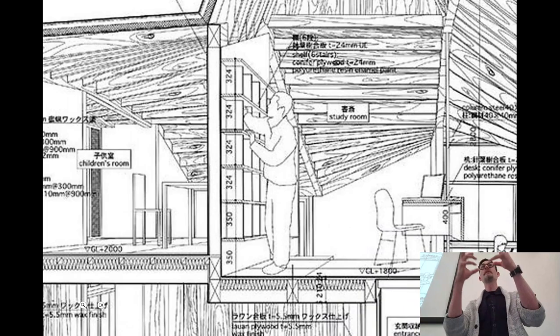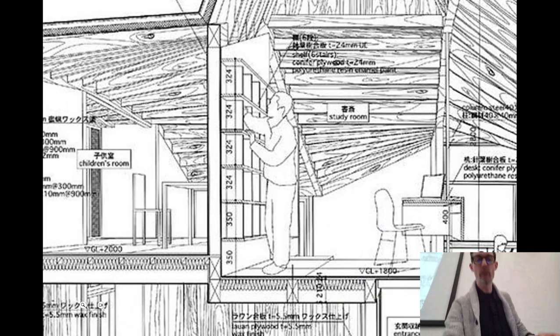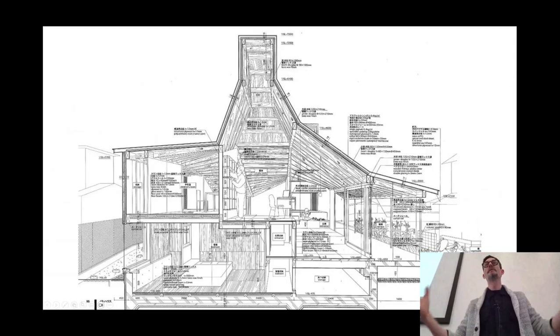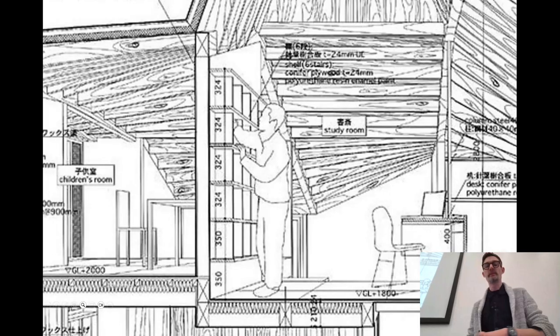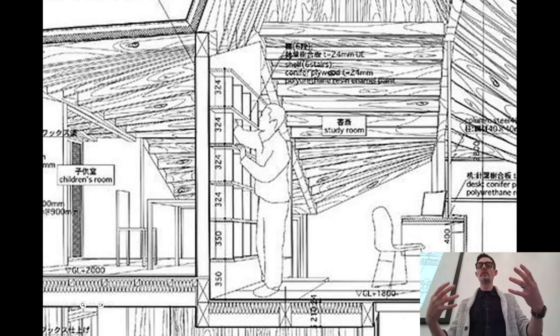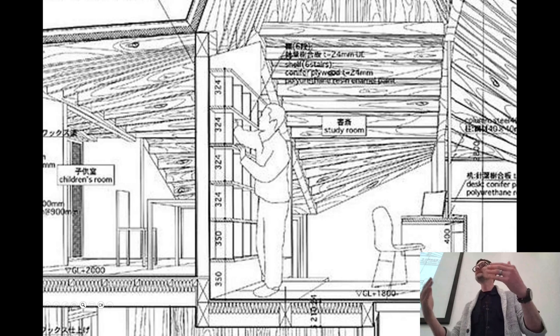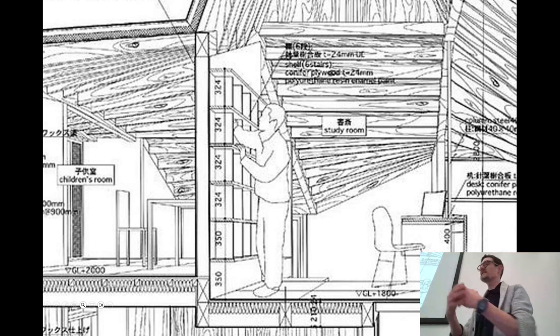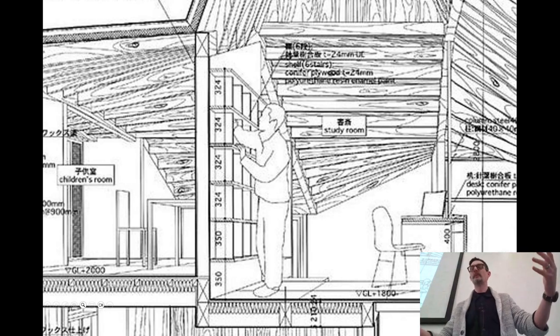So the person drawing this has engaged with not only the whole building, but they've engaged with, well, if you're going to store books on these bookshelves and they've got to fit in this particular space, this is how many bookshelves you can fit in. So they've gone to this incredible level of detail, which shows not only that they're in control of their design, they know how it's going to work, but the drawing process got them there, and they're showing what it's intended for, what it's going to be used for.